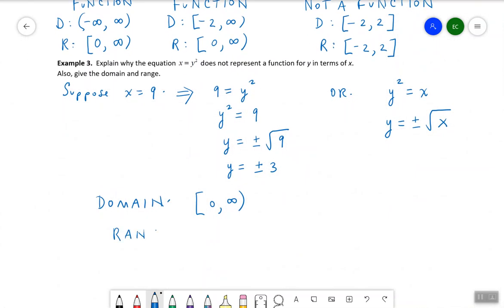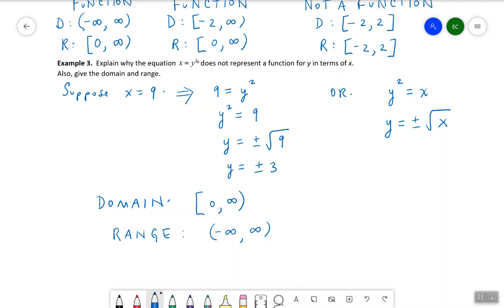Range: the y values can be any real number. And maybe if you think about that, all we're doing with y is squaring it. So you can square any real number. That gives us the range, all real numbers.